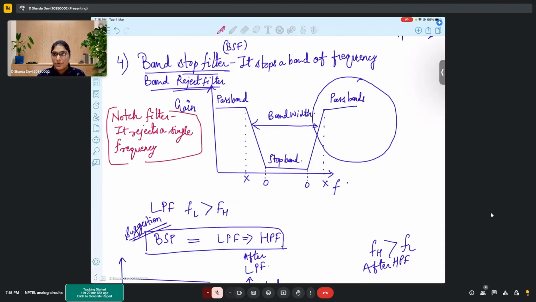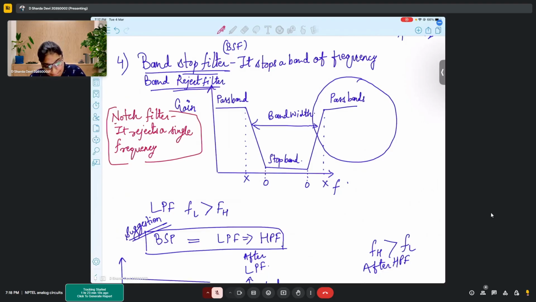That is not an input. It is a supply frequency. So you don't want the hindrance because of that supply frequency. You want to eliminate it. So there you can use a 50 hertz notch filter. So 50 hertz notch filter will eliminate that only 50 hertz component and it will pass all remaining components. So that is a notch filter for you.